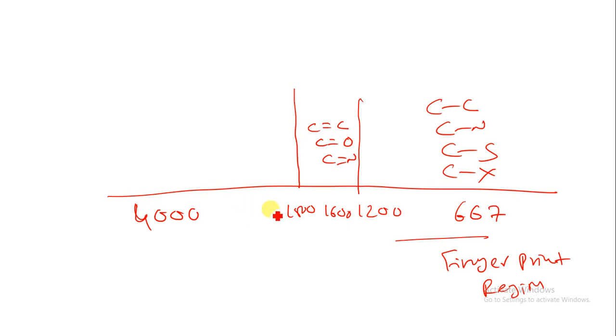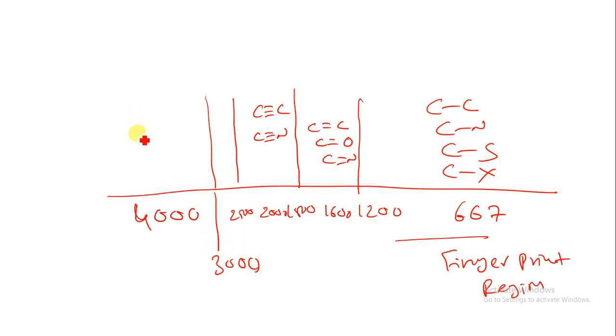Then from 2000 up to 2500 centimeter inverse, we have C triple bond C and C triple bond N. Then from 3000 centimeter inverse up to 4000 centimeter inverse, we have NH, OH and CH. By this way you can memorize these functional groups by looking at this chart.